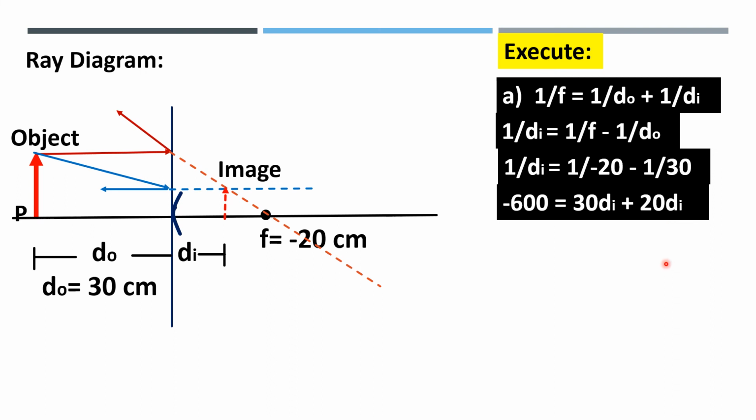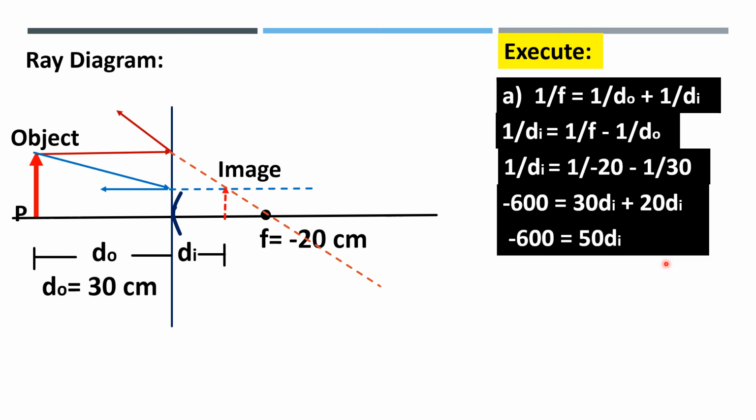And 30 di plus 20 di is, what is that? 50 di. Simplifying further, we will get the value of di, which is negative 12 centimeters. So that is the distance of the image from the vertex of the mirror.